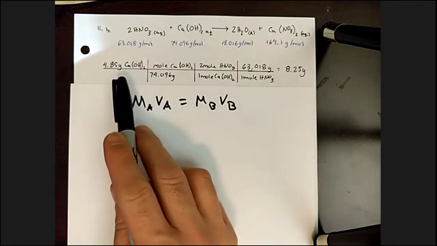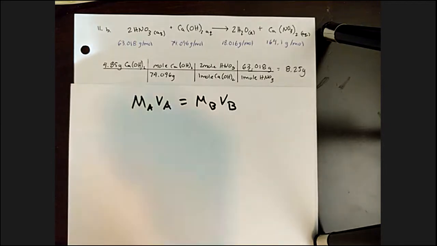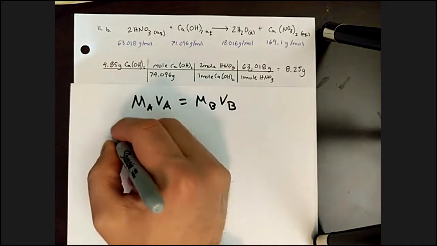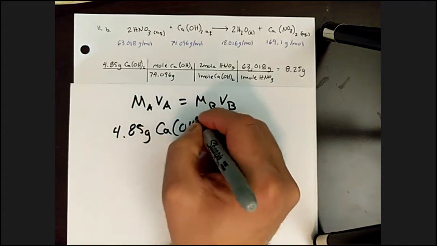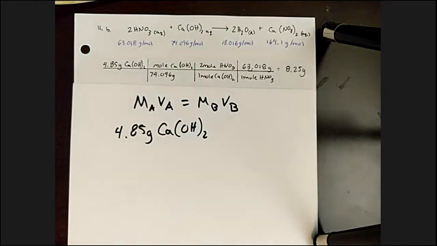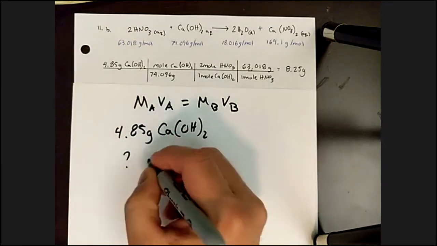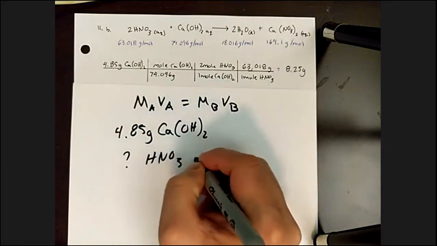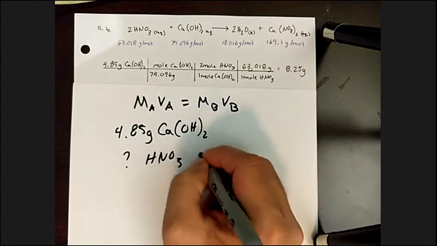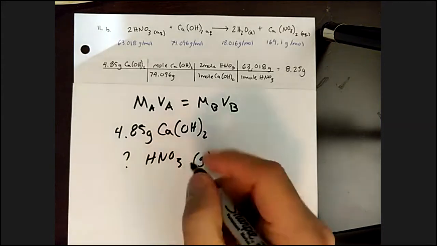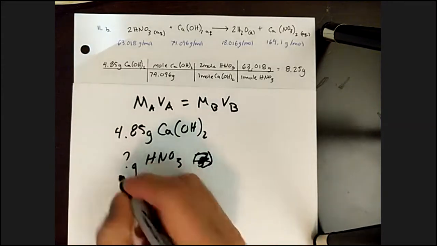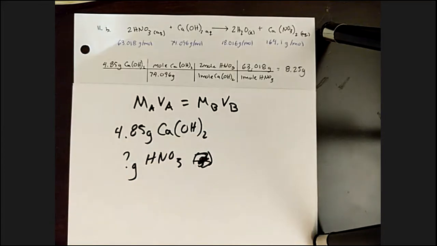In this particular case, the problem is starting off with 4.85 grams of the calcium hydroxide, and it wants to know how many grams of HNO3 are we going to have if we have this much calcium hydroxide.